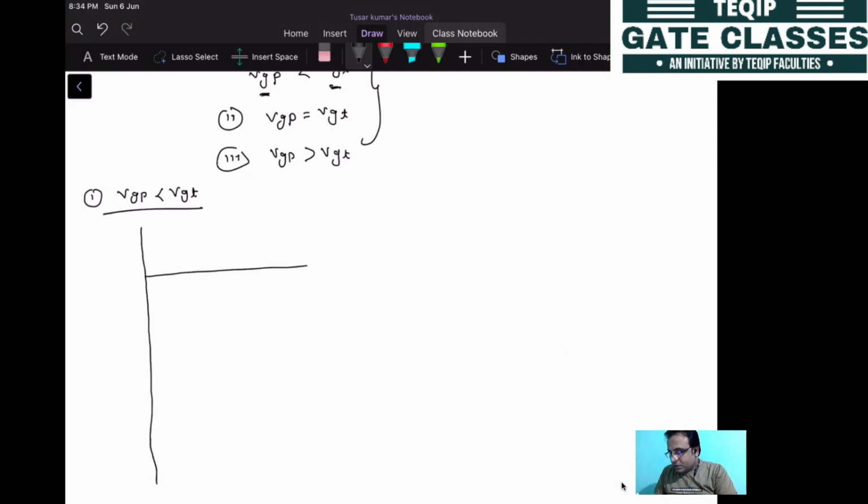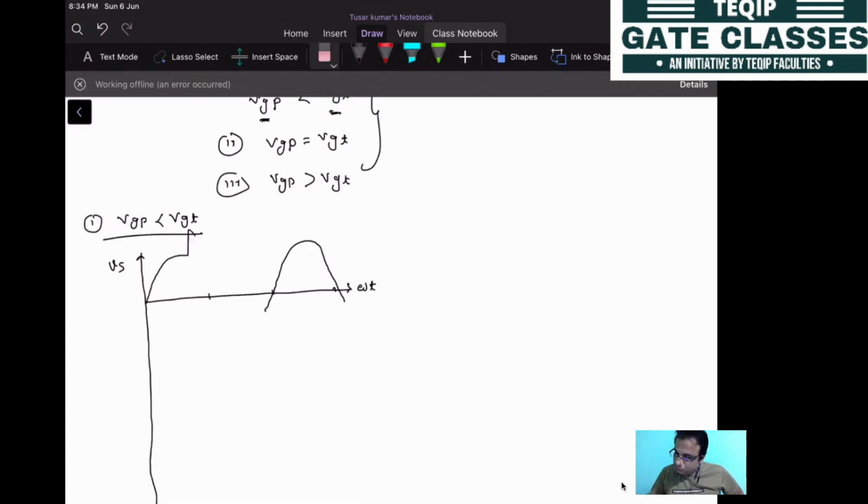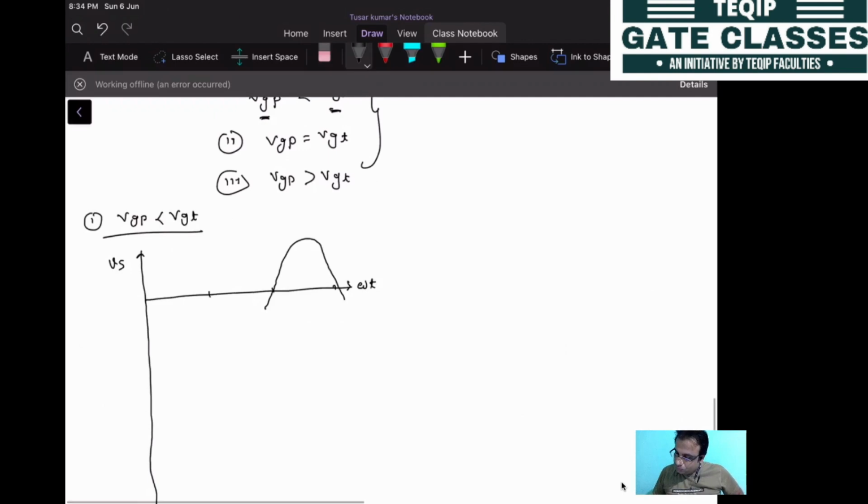So look at here. This is omega t, and the first one you will be drawing is the Vs. So Vs, if you draw, let's say this is 0 instant, this is pi, this is 2 pi, this is 3 pi.